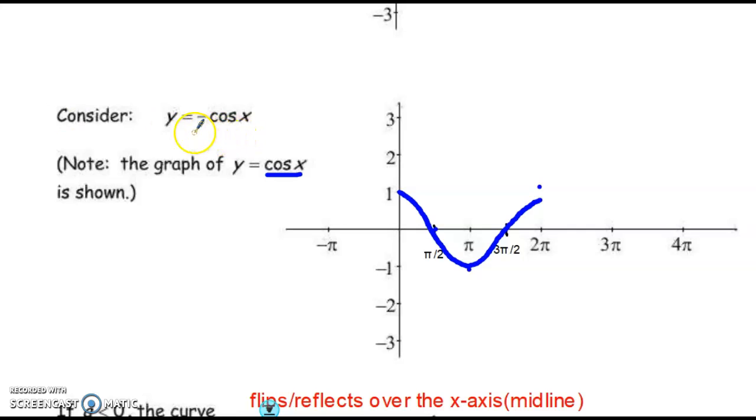Now in orange, I'll do y equals negative, well, I should say the opposite of cosine of x. So instead of starting high, guess what? We have to start low, cross, high, cross, and low. And that looks pretty good.